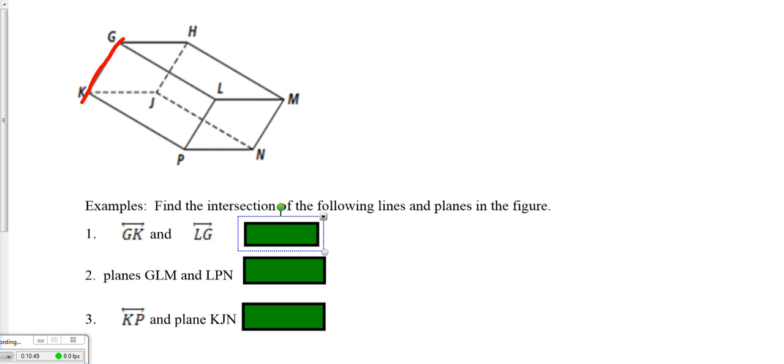Planes GLM and LPN. GLM looks like it is kind of this top piece. Okay, that is the top plane, GLM. Then LPN kind of looks like this front piece of the box.